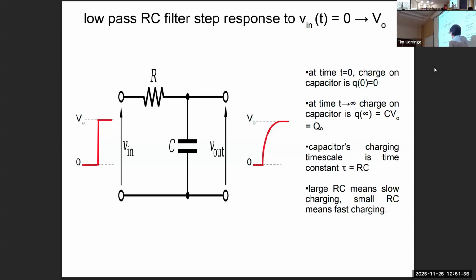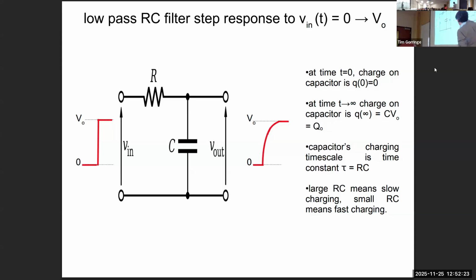Look, when we apply this step function to the filter, we're going to charge up the capacitor. So there's a period in which there's a current flowing as we charge up the capacitor, a period in which there's a voltage across the resistor, and there's only a fraction of the input voltage across the capacitor.